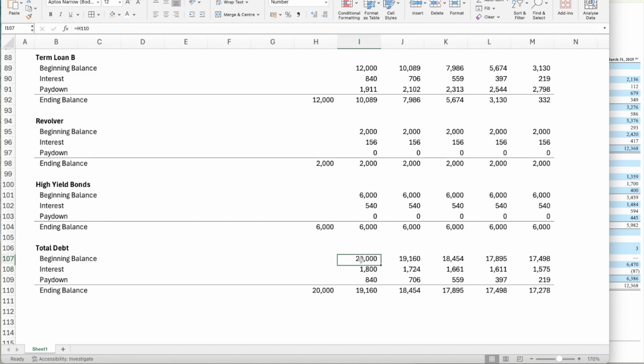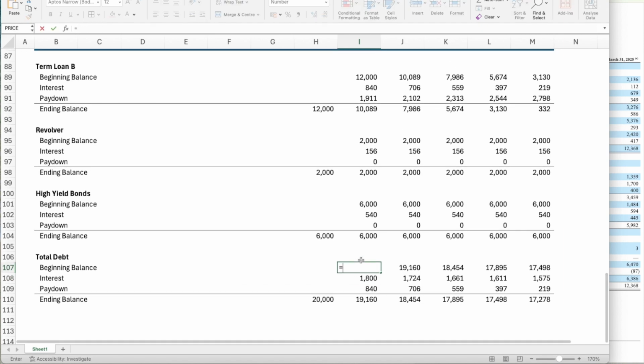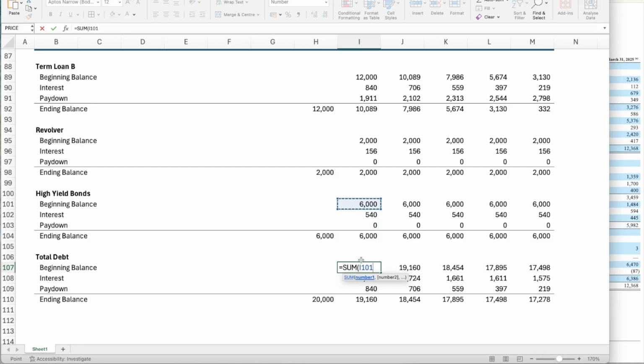Then basically we're just going to go sum, and the individual, like this, put it across.